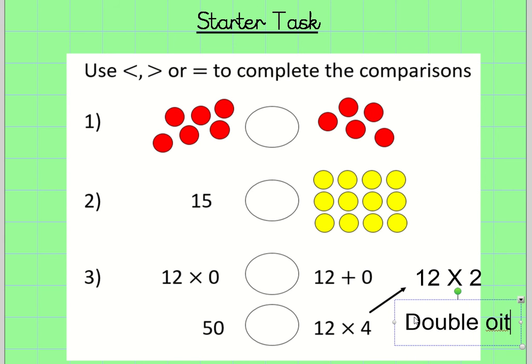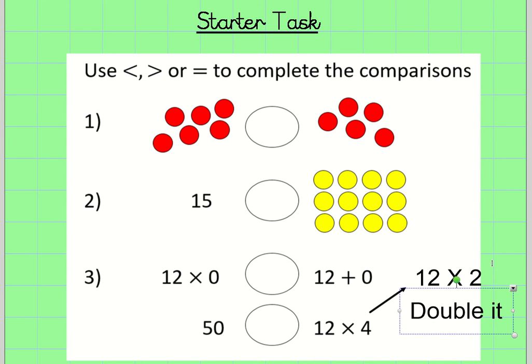And then double it, and that's going to help you work out what 12 times 4 is. So what I'm going to do now is go through the answers. So if you're not quite ready yet, why don't you pause the video, and then when you play it again, we're going to go through the answers.